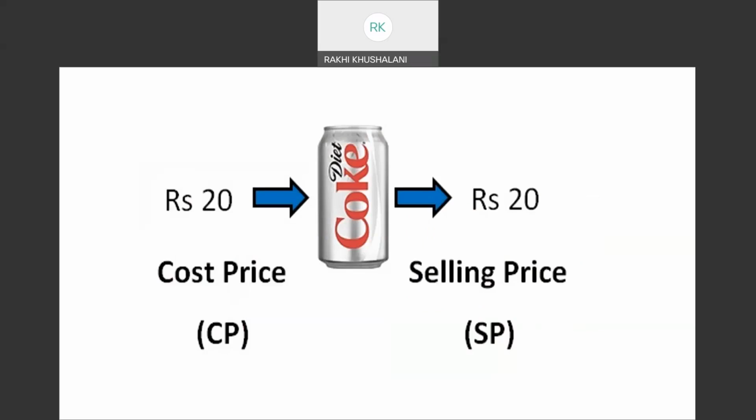He buys a huge quantity of Diet Coke, so he is actually paying rupees 17, or maybe rupees 18 for the Diet Coke and selling it to you at rupees 20. That is the price written on the can also, that is MRP, that is marked retail price, maximum retail price.